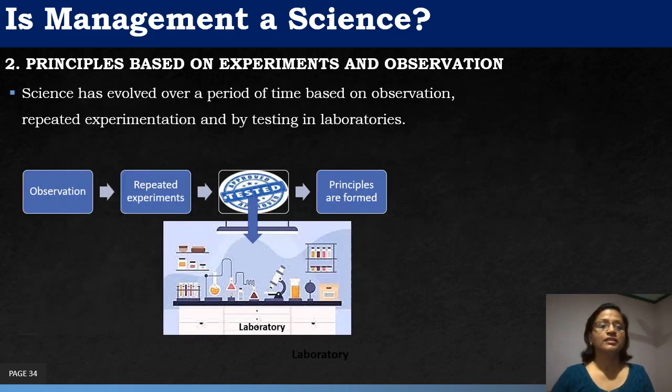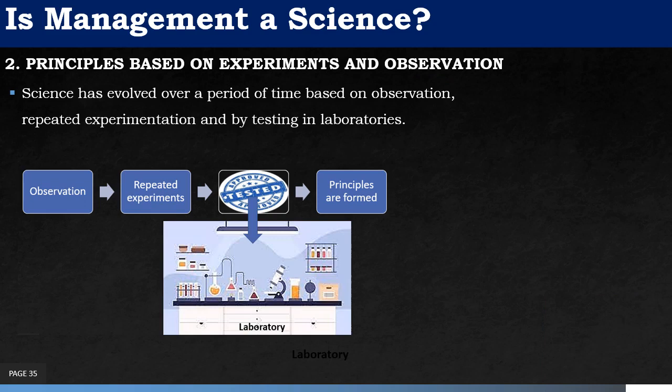Second, principles based on experiments and observation. Scientists have done a lot of observation, repeated experiments, and certain things have been tested in the laboratories. After that, the principles have been formed.